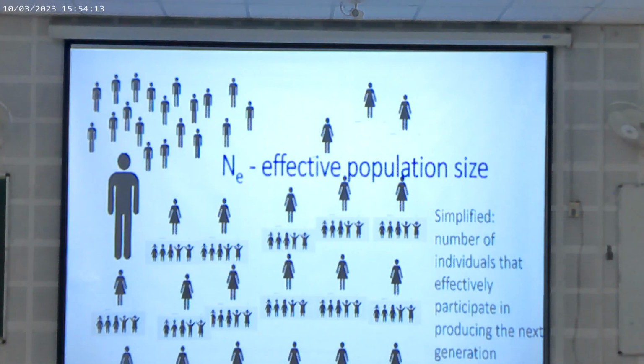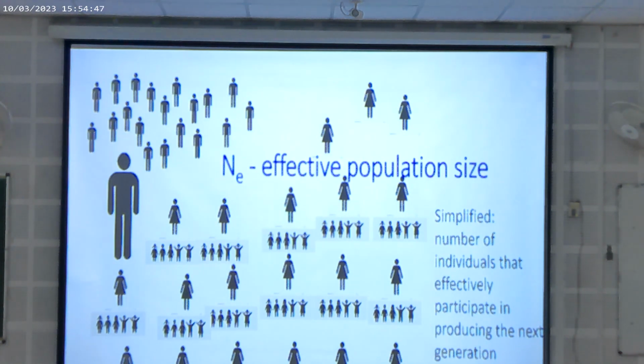But another thing that we could do with these sequences was estimation of the effective population size. Very simplified, the effective population size is the number of those individuals who effectively participate in producing the next generation. So most of the time, the census and the effective population size are not the same.